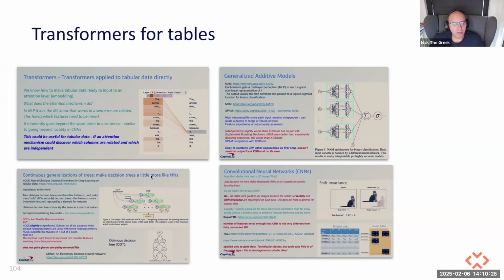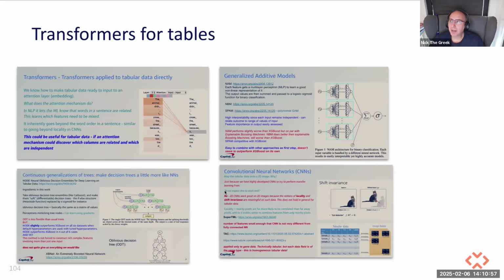Then what they did is they took decision trees, and after you train the decision tree, which is basically if-then-else rules, you take these if-then-else rules and you replace them with a sigmoid. So you make it differentiable. They called it oblivious decision trees. I remember that paper too. And yeah, it worked, but it only slightly outperforms XGBoost. So interesting idea, doesn't work really well.